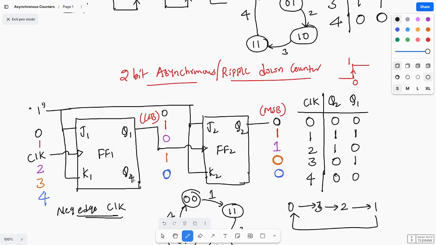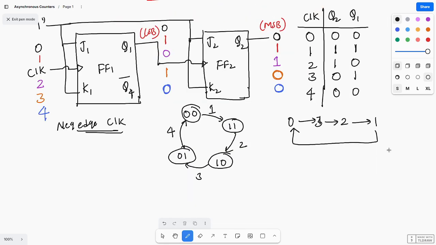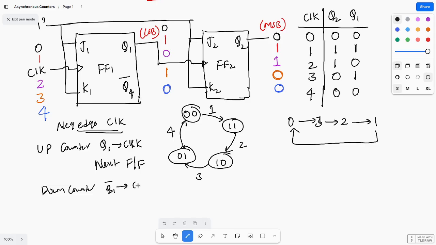If it is the negative edge of the clock, it is just vice versa. Suppose you want to design an up counter, then Q1 is acting as the clock to the next flip flop, and if it is a down counter, Q1 bar is acting as the clock to the next flip flop. So this is about the asynchronous counter.